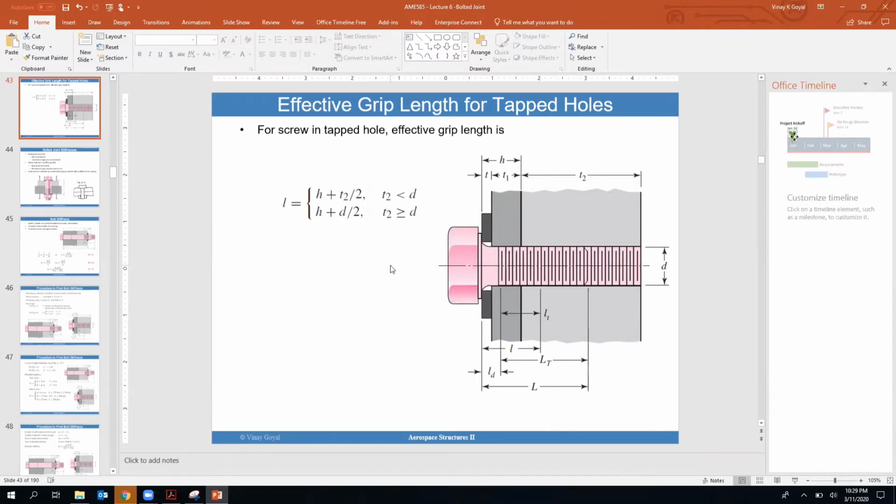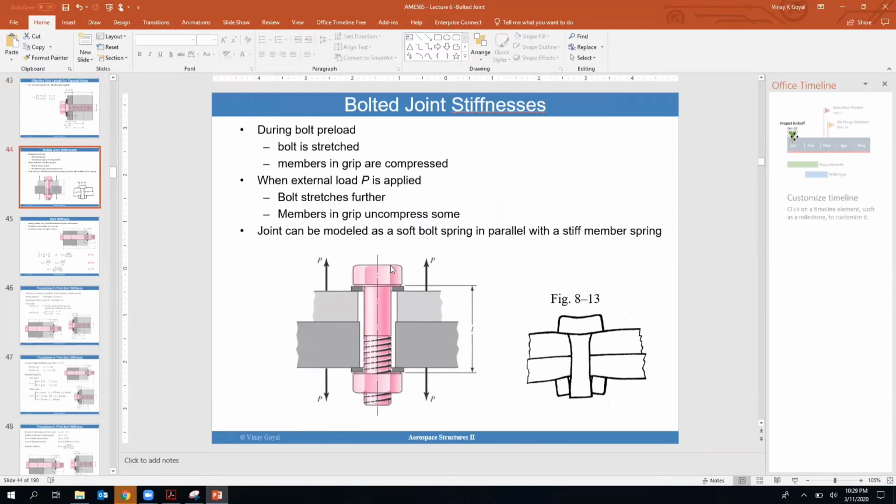And so going back here, the bolt joint stiffness becomes very important. Why? During preload, the bolt is stretched and the members in the grip are compressed. When external loads are applied, the bolt will stretch and the members in the grip will compress some. So it's important to really understand how the bolt can be modeled effectively.